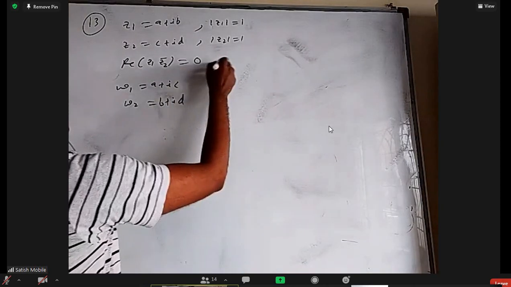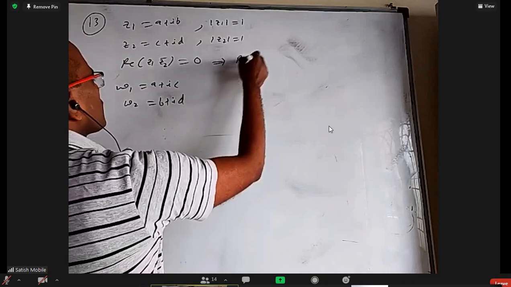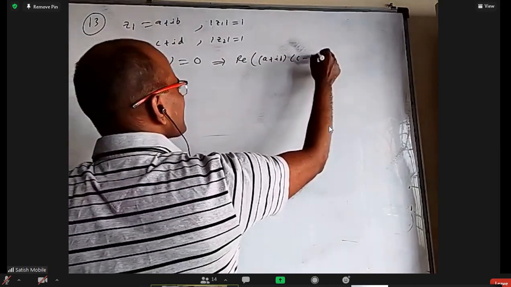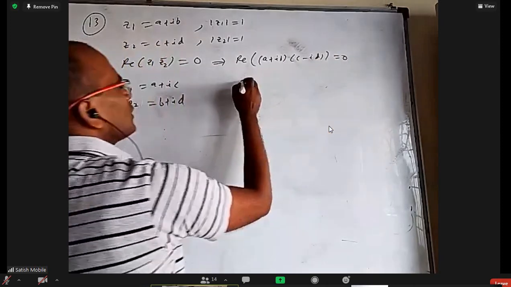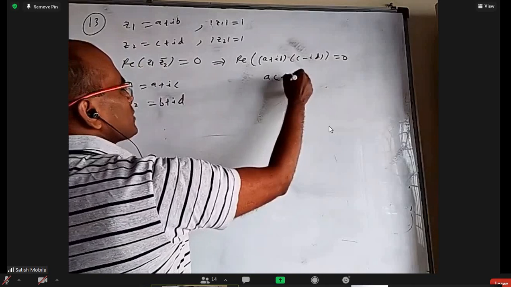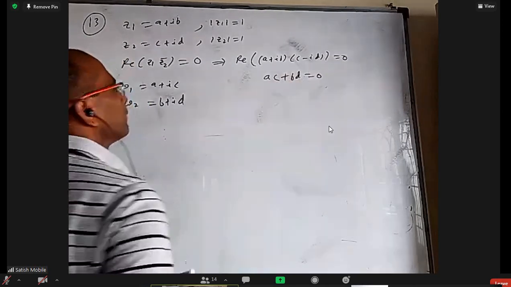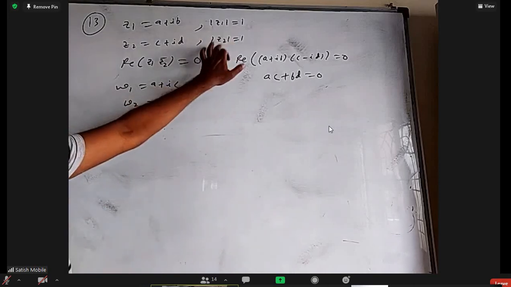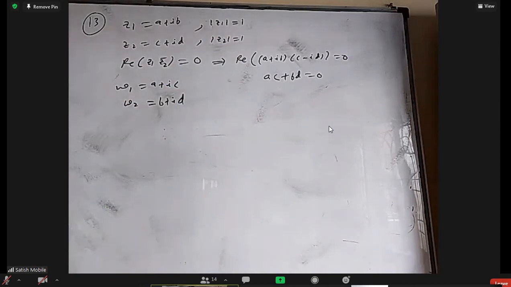Let us see what is coming here. Real part of Z1 Z2 conjugate: A plus iB times C minus iD, the real part is AC plus BD equal to 0. But we should not forget mod Z1 is 1 and mod Z2 is 1.